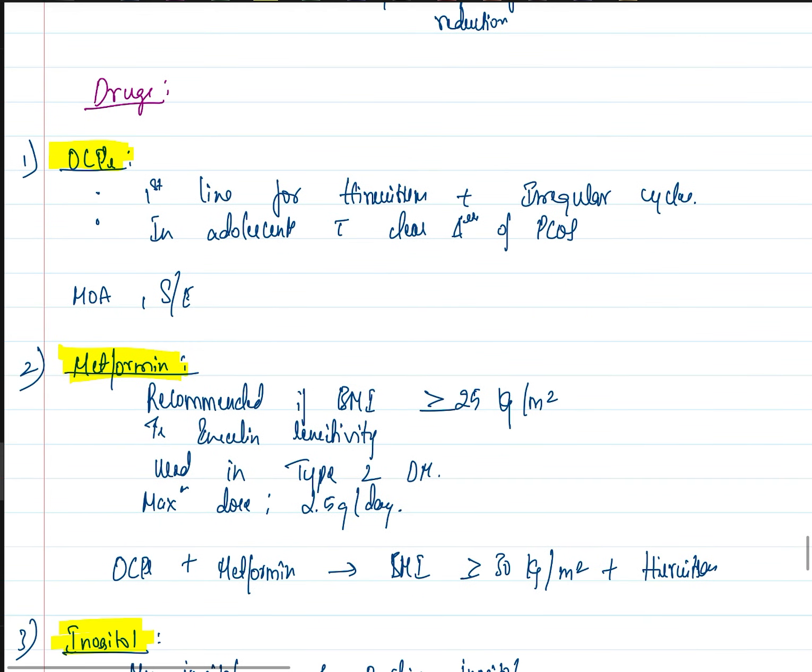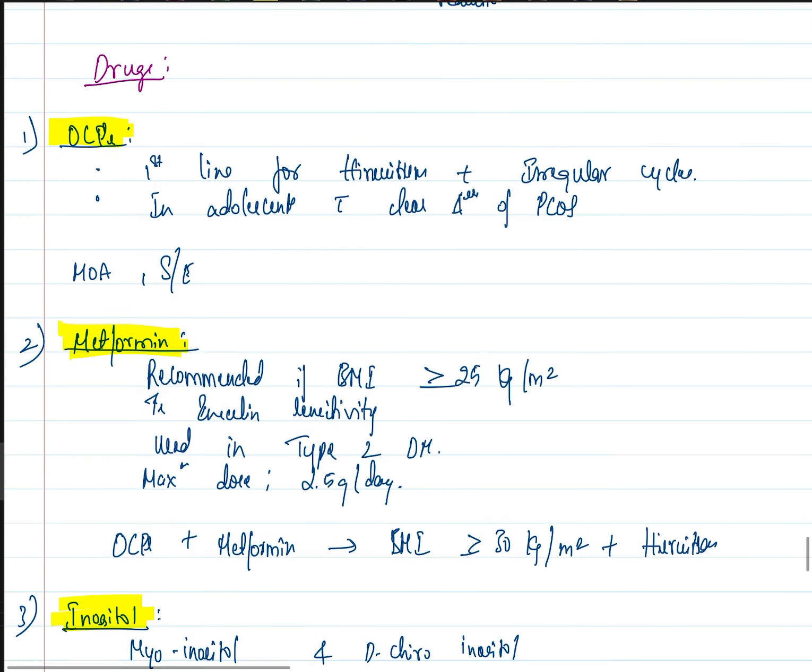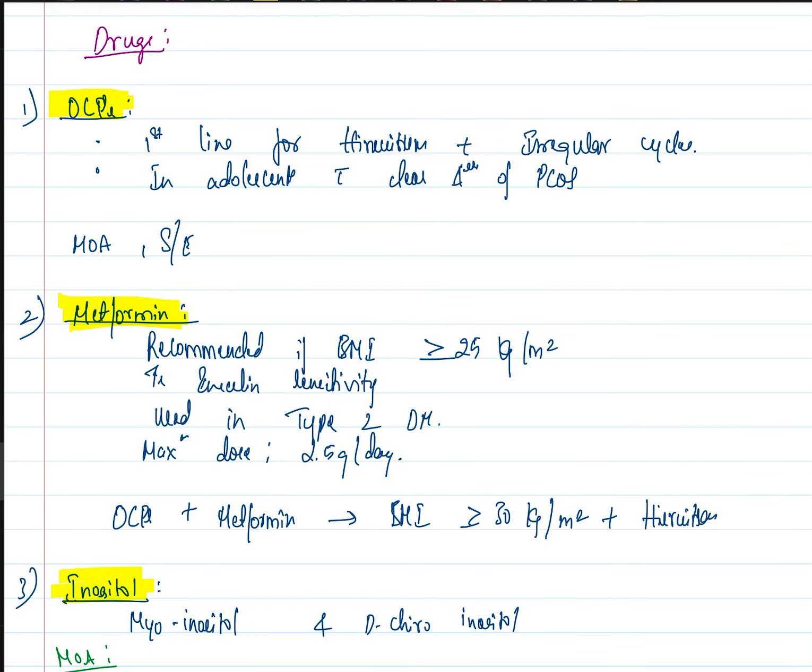As we know, the estrogen and progesterone components create anovulation in the body but act on the endometrium and try to regularize the cycle. Certain side effects will be there like bloating, headache, abdominal pain, and prolonged use can lead to thromboembolism, but it is very rare. But these risks have to be explained.